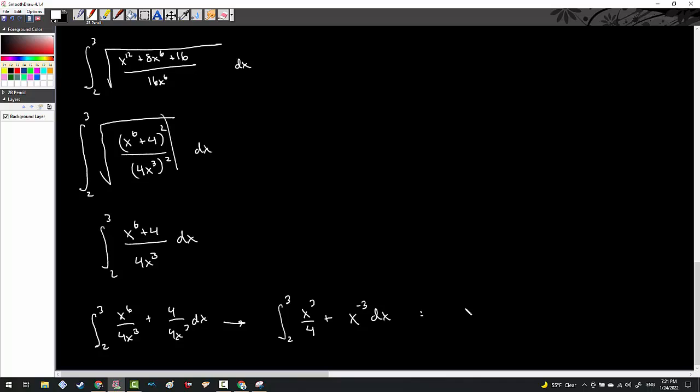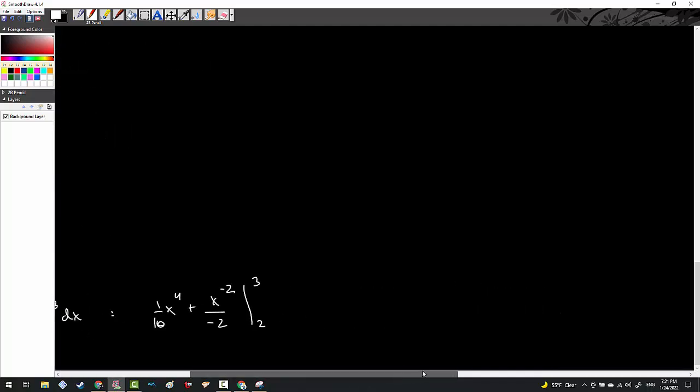So what I get is 1/16 x to the 4th plus x to the negative 2 over negative 2, evaluated on the interval from 2 to 3. And now I'm going to evaluate this.